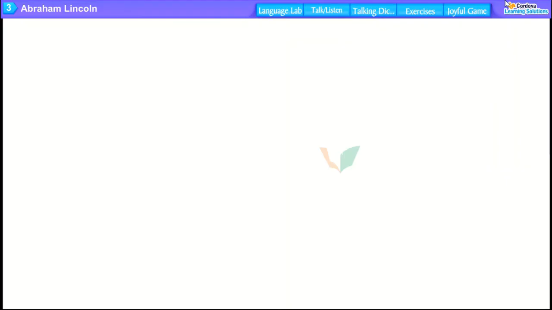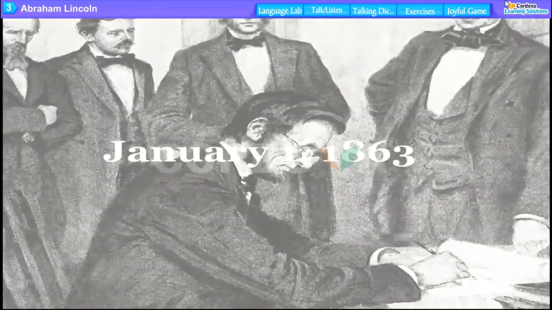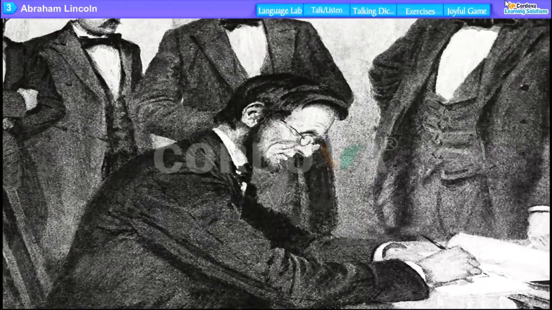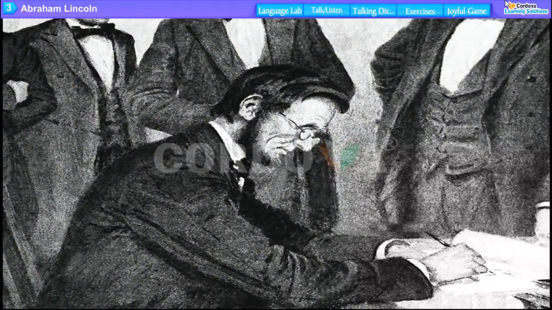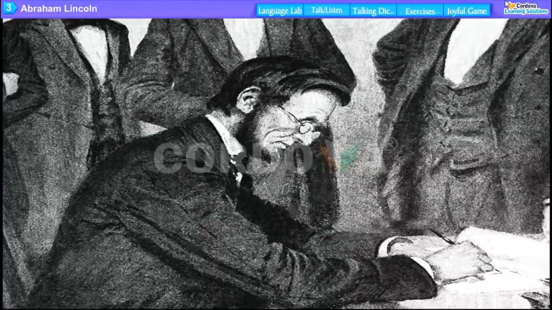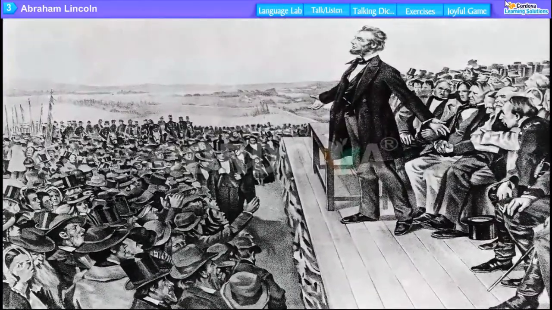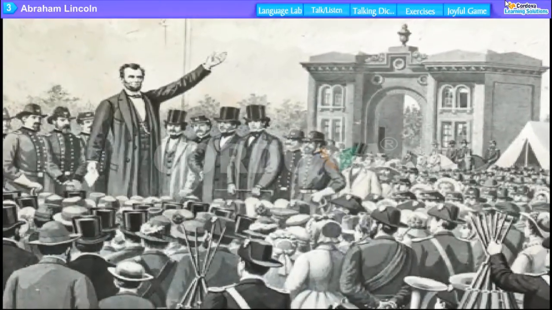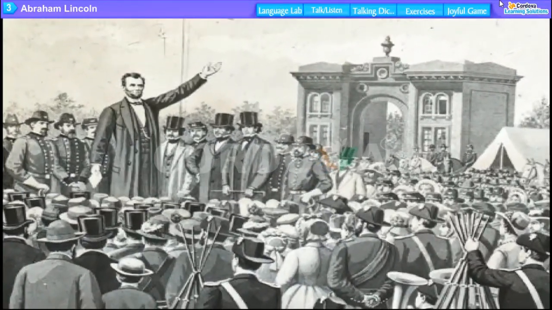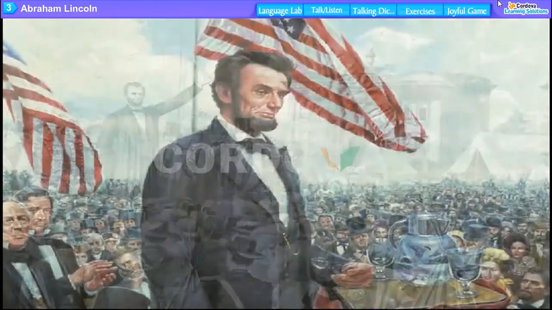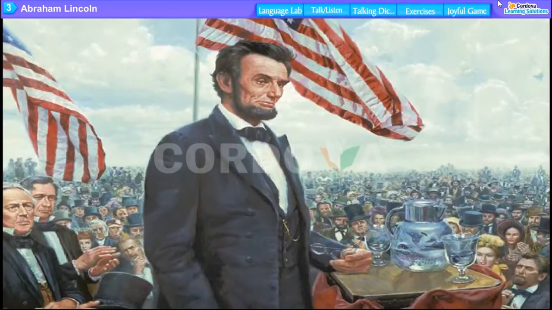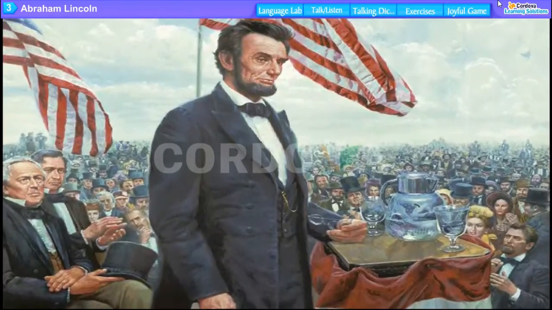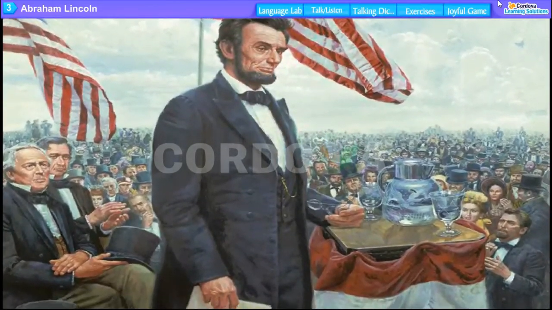On January 1st, 1863, Lincoln issued the Emancipation Proclamation, which eventually led to the freeing of all slaves in the USA. During the Civil War, Lincoln gave many speeches, including the Gettysburg Address, November 1863, a short speech in which he stated how a country must be dedicated to human freedom in order to survive.